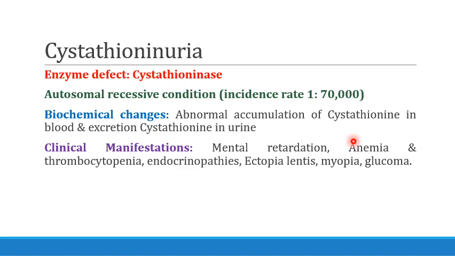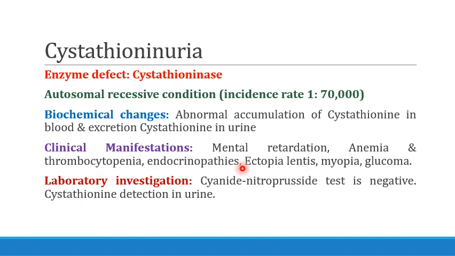Clinical presentation: patients usually present with mental retardation and anemia. It shares symptoms with homocystinuria, so patients present with mental retardation, anemia, thrombocytopenia, endocrinopathies, ectopia lentis, myopia, and glaucoma.